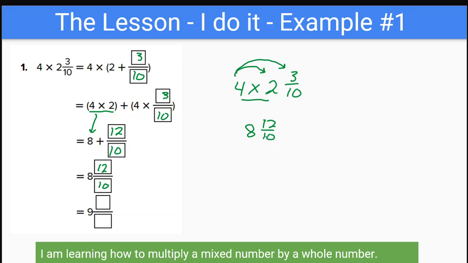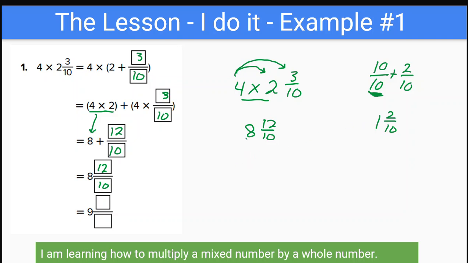But you might notice that 12/10 is an improper fraction. 12/10 is really 10/10 plus 2/10. 10/10 equals 1 whole. 2/10, we're just going to leave it as 2/10. So 12/10 is really 1 and 2/10.